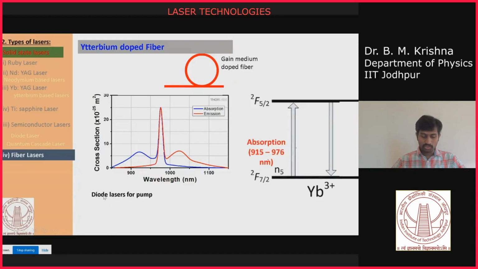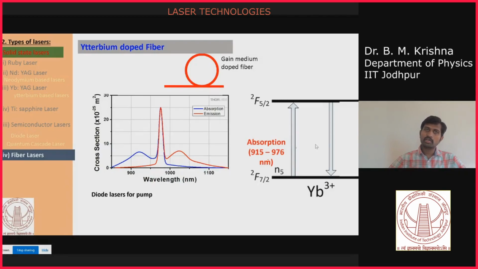In general you can use any diode lasers, like whatever you discussed, or solid state lasers to pump, because those have very narrow bandwidths. So almost 90% of the energy you are pumping will be converted to your lasing wavelengths. That is the major advantage of these ytterbium fiber lasers.